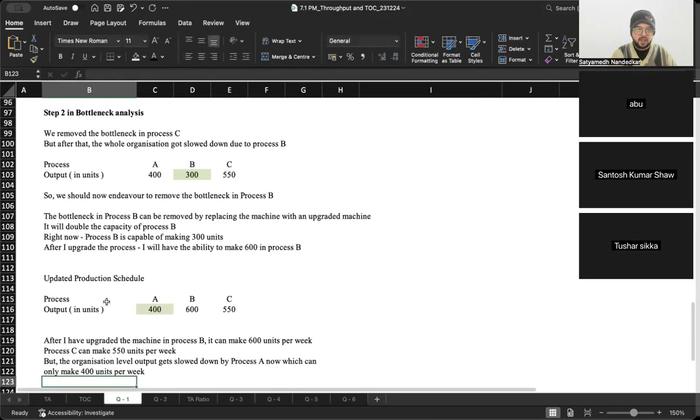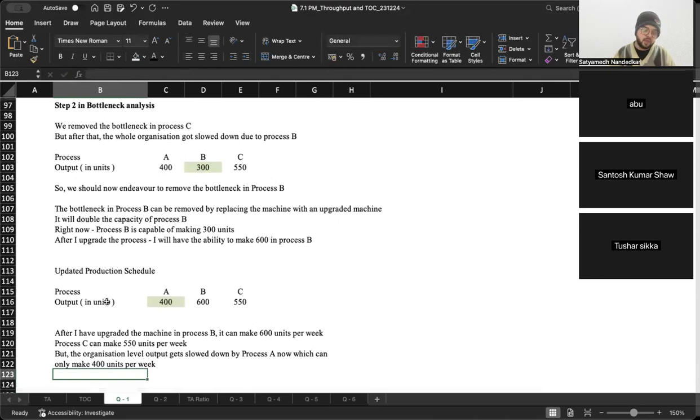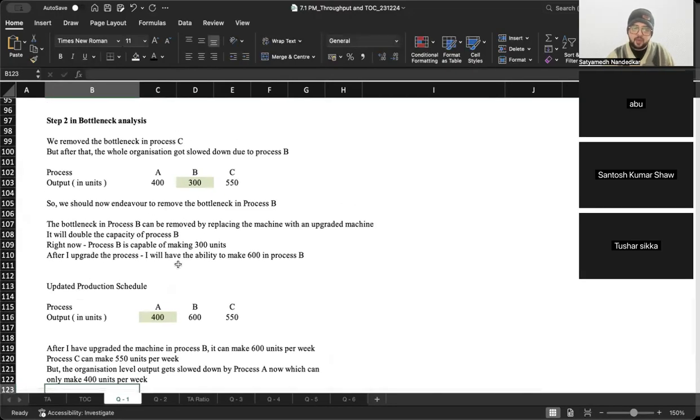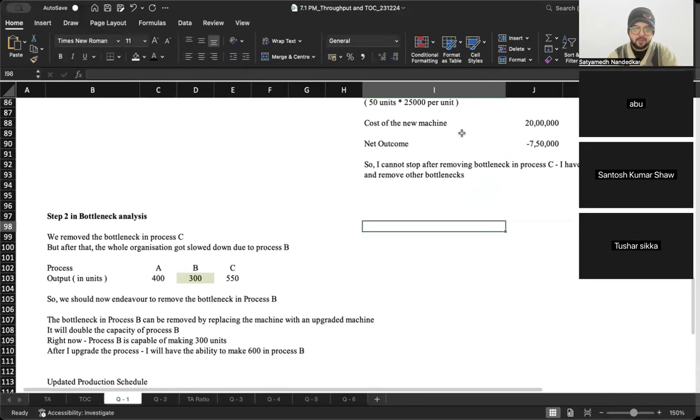Okay, so now you know that the next bottleneck you have to deal with is process A.